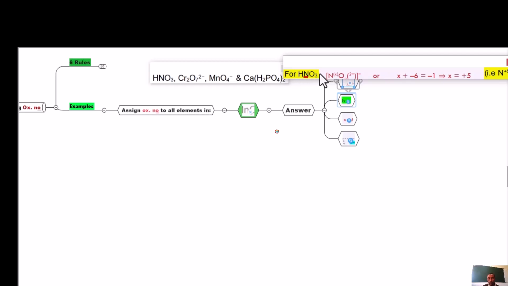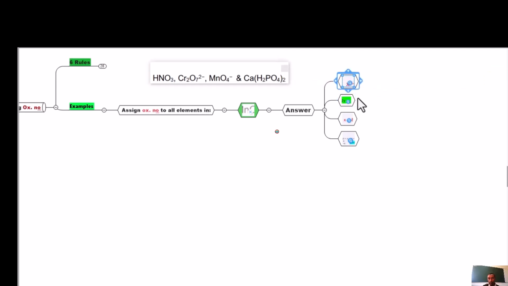So you can simply calculate the oxidation number of nitrogen in the nitrate form. So let its oxidation number be X, and the oxidation number of oxygen is obviously minus 2. So 1 nitrogen times X is X. 3 oxygen times minus 2 is minus 6, equals its charge, that is the charge on the ion. So after calculating, the oxidation number of the nitrogen becomes plus 5.